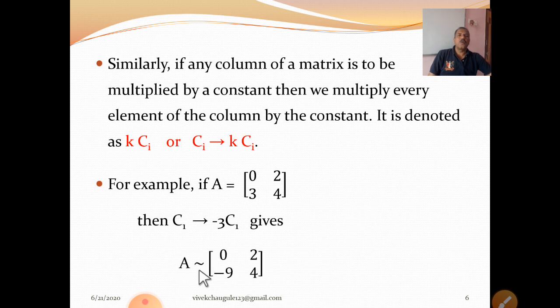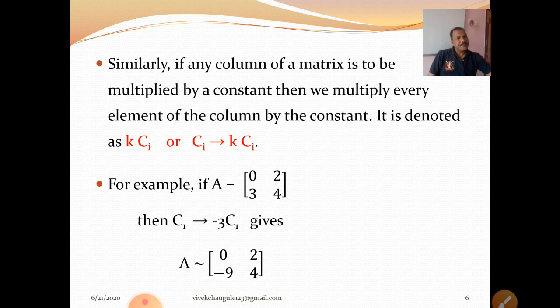Therefore we get the new matrix: 0 into minus 3 is 0, and 3 into minus 3 is minus 9, and 2, 4 is the second column, which stays as it is. So the new matrix is A equivalent to 0, 2, minus 9, 4. This is the example for a column.